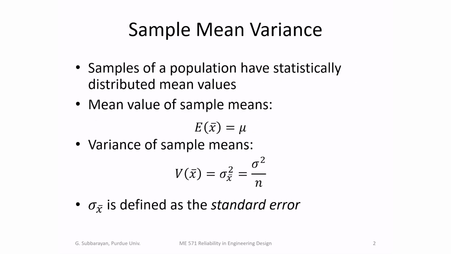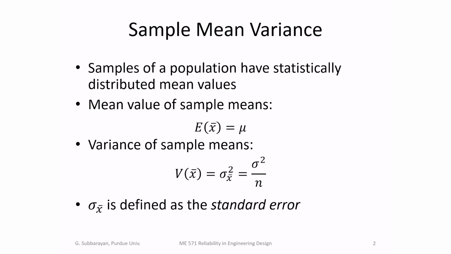So let's start with the first one, which is sample mean variance. So we know that if I take samples out of a large population, let's say I have 1,000 items and I take samples of 100 items at a time, each sample is going to have a different mean value.